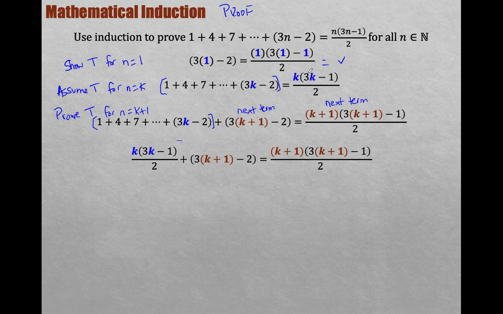So notice I used that from my assume step. That's what I did. And now I will go ahead and clean this up a little bit. But just a little. This is 3k plus 3 minus 1.